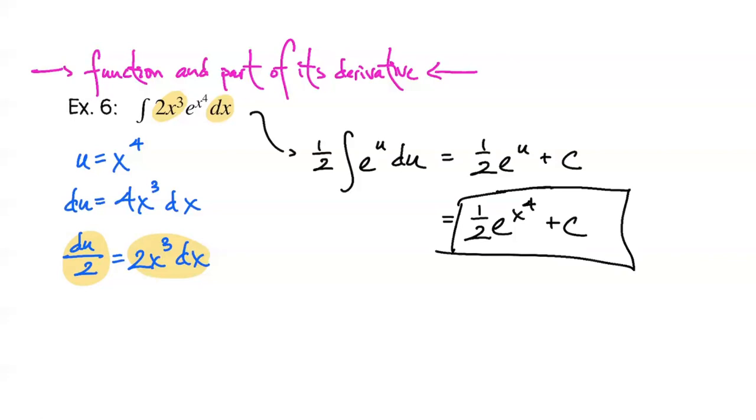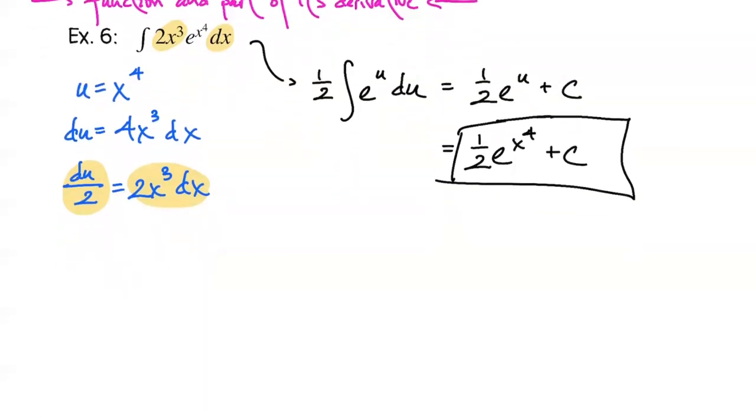I'm going to write something in red right now. I'm going to write it in red because in this case, we would not be able to use u sub. If I changed the question, I changed one number.